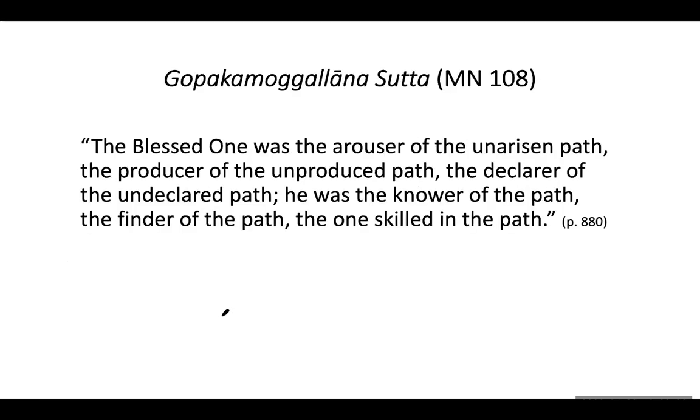In the Gopaka Moggallana Sutta, which is Majjhima Nikaya 108, there is a dialogue in which two leading Brahmins ask the Venerable Ananda whether the Buddha appointed a particular bhikkhu or bhikkhuni to be the head of the Sangha after the Buddha passed away.